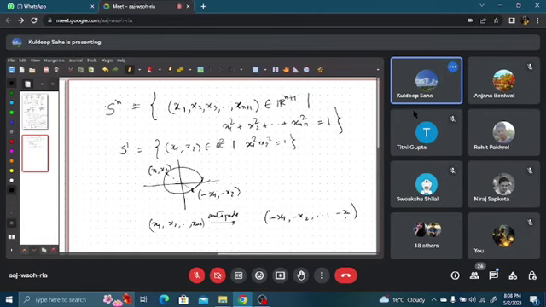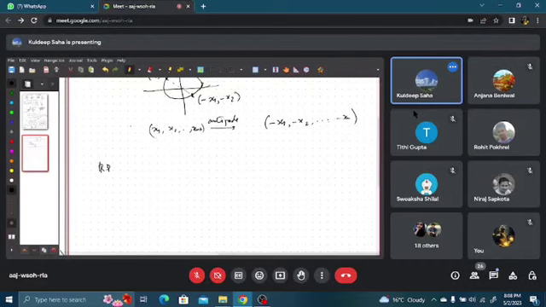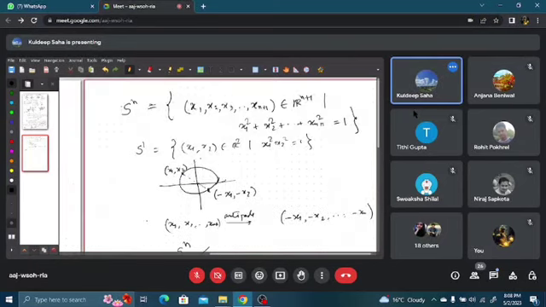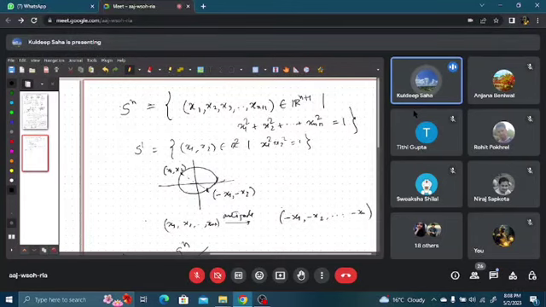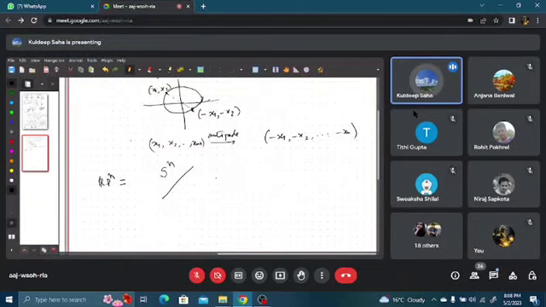Okay. Now, RPn is defined as a quotient space of Sn. So what is the quotient? You take Sn and then you identify. What you do is you take the point (x1, x2, up to x_(n+1)) and its antipode, and you send them to the same point.